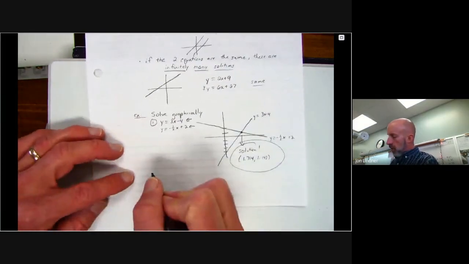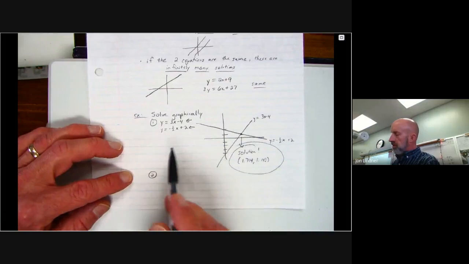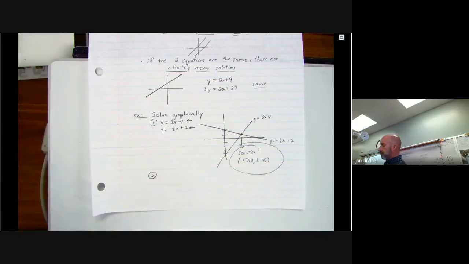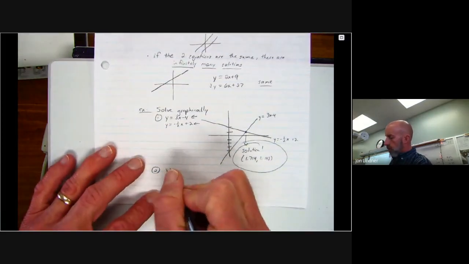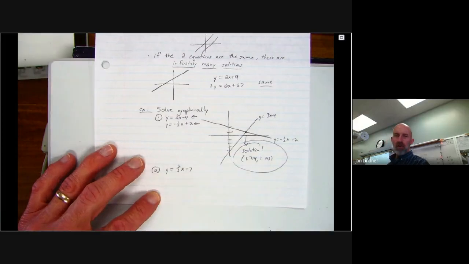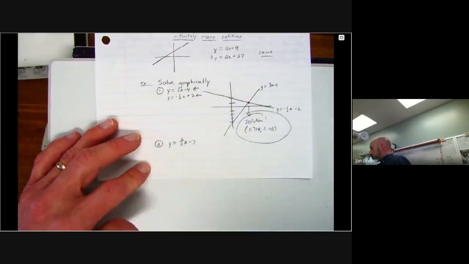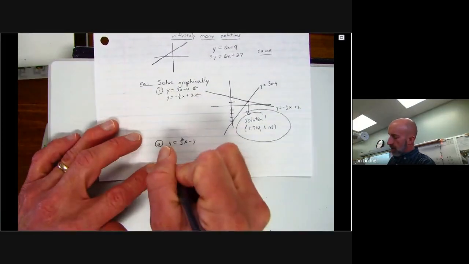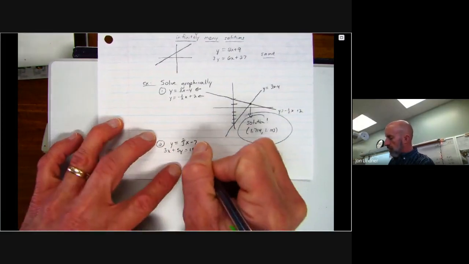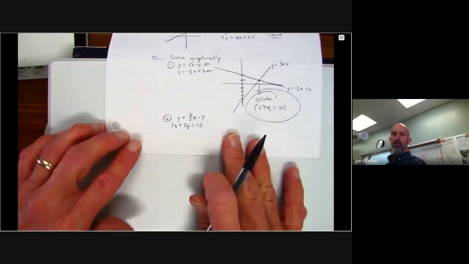The only other thing I want to mention to you is that these equations do not have to be solved for y to put them into Desmos. I want to just real quick show you one more. What if I add y equals 2/3 x minus 7 as one of the equations, and 3x plus 5y equals 15 is the other one?